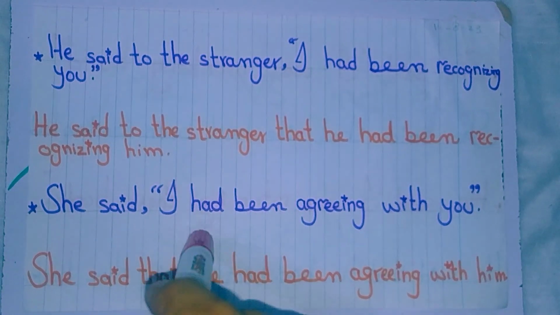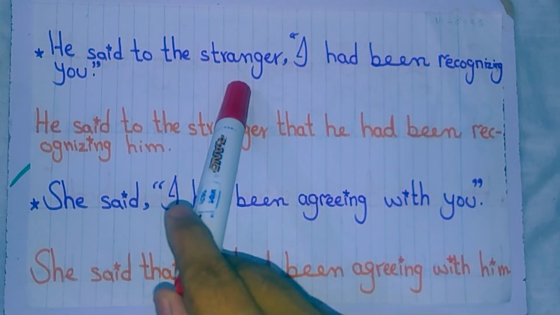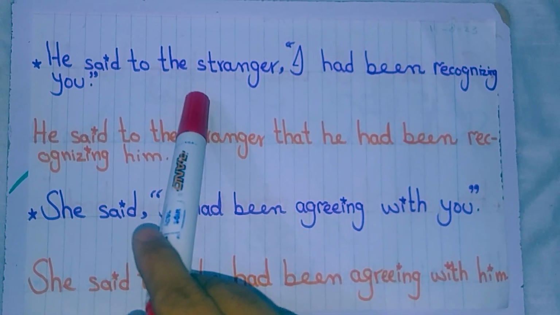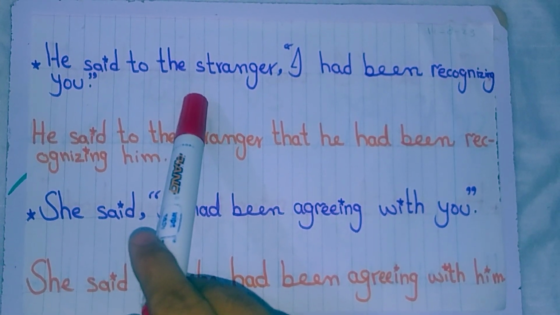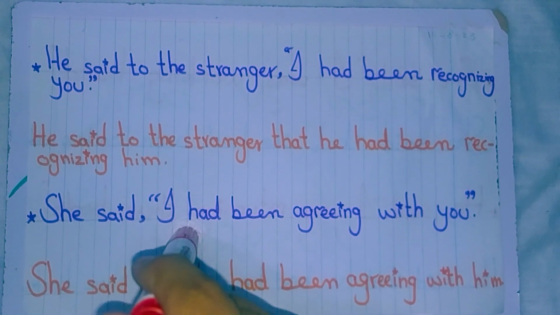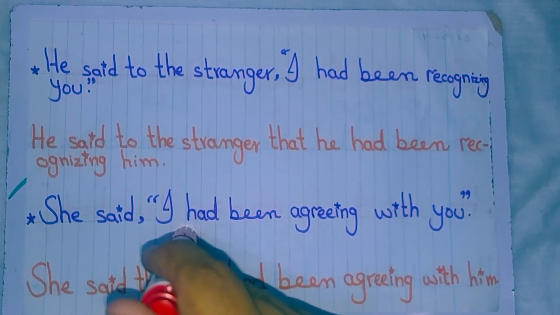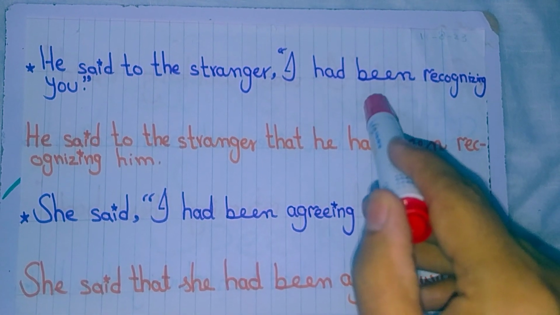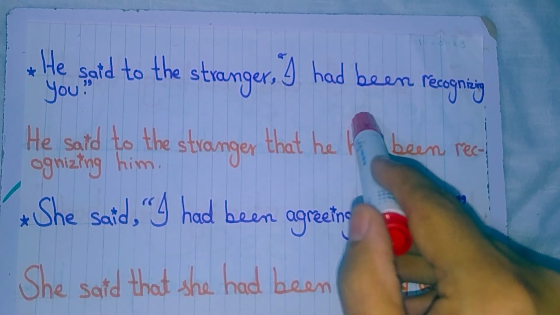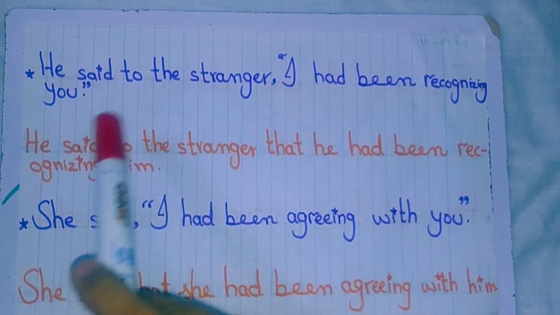In this sentence, as you can see, "he said to the stranger" is the reporting speech. If our reporting speech is in past tense and reported speech is in past perfect continuous tense, then how will we convert direct speech into indirect?